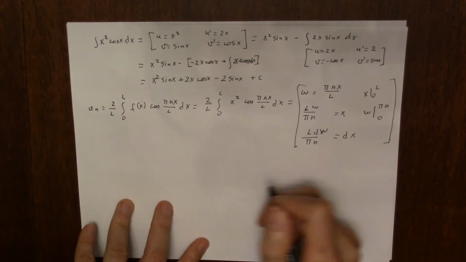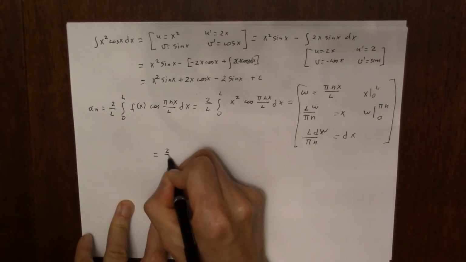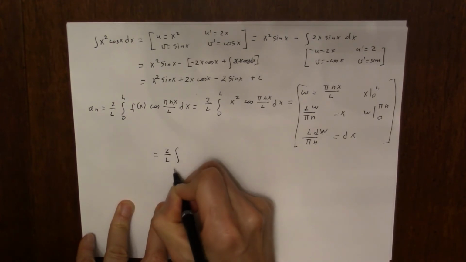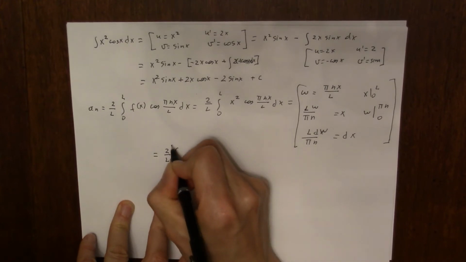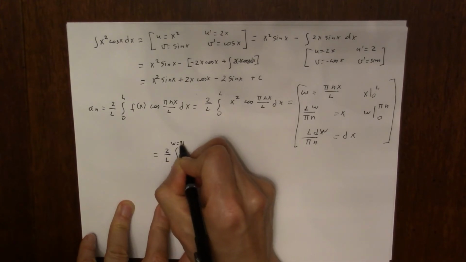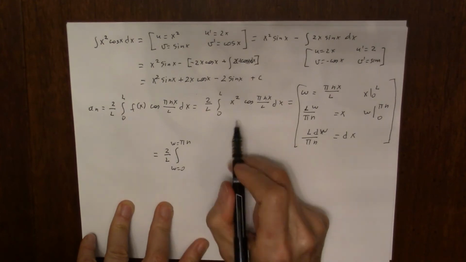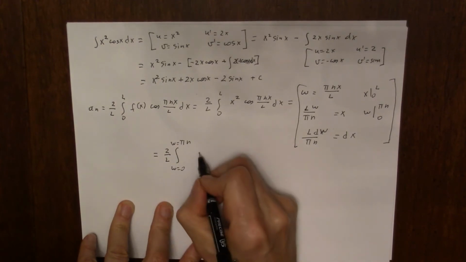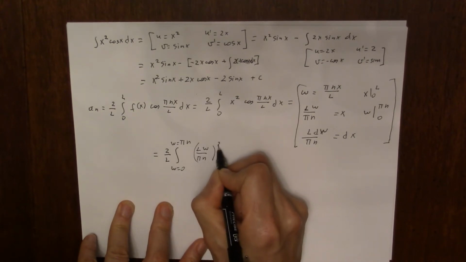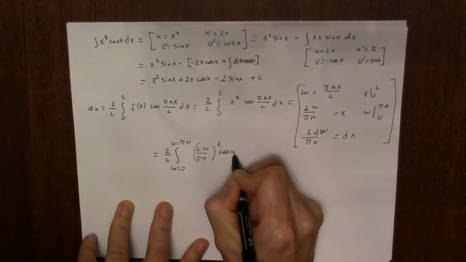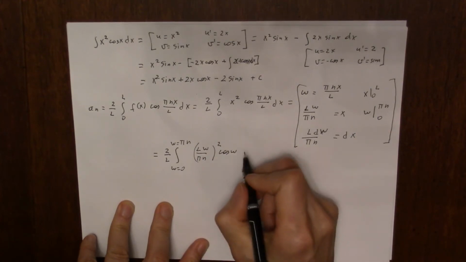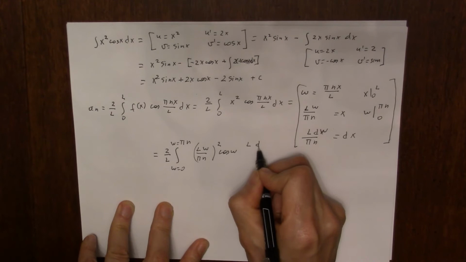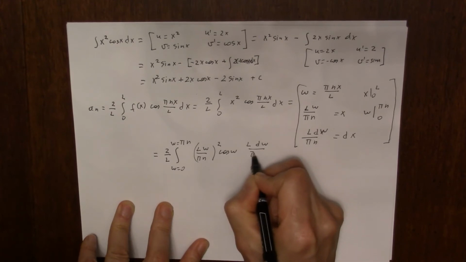So we got a new integral: 2 over L, integral W equals 0 to W equals pi n. x squared will be L W over pi n, squared, cosine of W, and dx will be L dW over pi n.